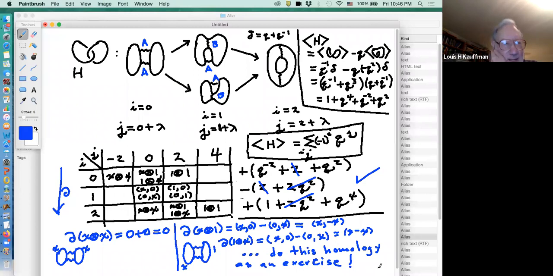Okay. So I hope I've convinced you that this schema is actually an interesting schema to use, whether or not you were going to be investigating the homology. You could do the homology, but you could also use it as a way to understand what the different state contributions are to the bracket expansion of a given link.